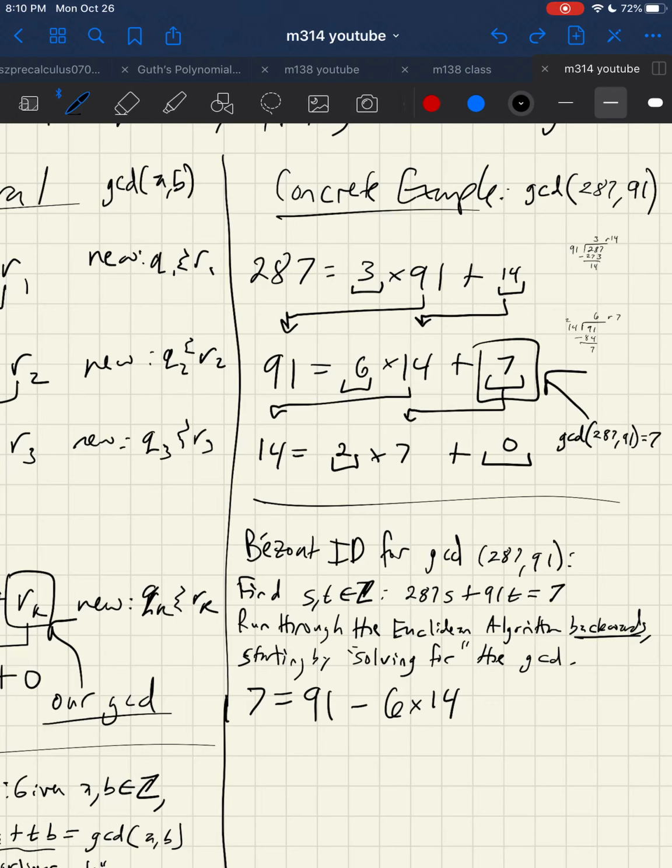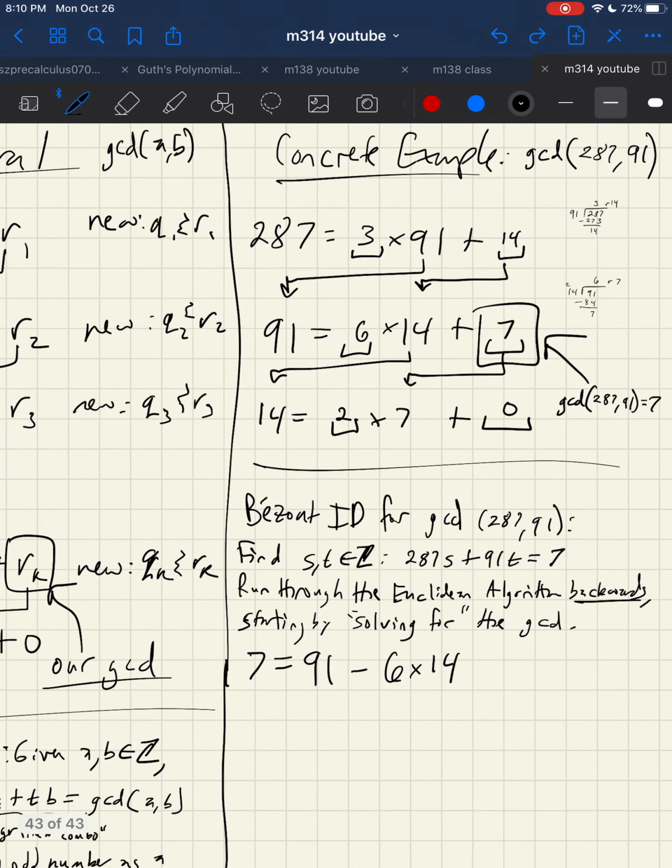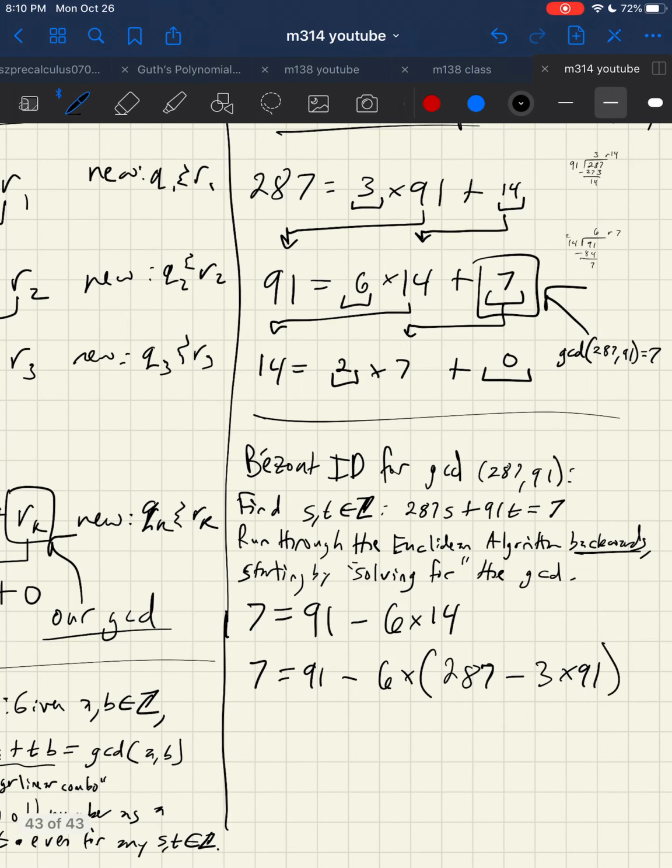It's just like the end of Scooby-Doo when they're like, wait, who was the haunted ghost pirate? It wasn't a haunted ghost pirate. They pull off the mask and it was really Old Man Withers from the amusement park. So I'm going to say 7 is equal to 91 minus 6 times, well, who was 14 really? 14 was really 287 minus 3 times 91. So that's my Scooby-Dooing. And then I simplify.